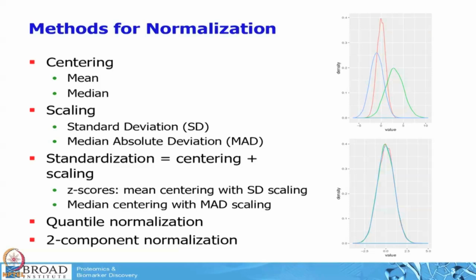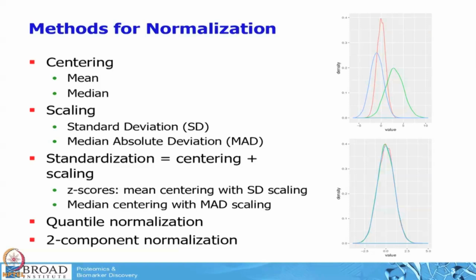Those proteins are not changing between your samples and your reference. Those are the unchanging proteins. And then there are proteins in the tails that are either up or down regulated compared to the reference. What you want to do is normalize based only on the unchanging proteins, so that you leave the extreme proteins alone, you don't mess with them.